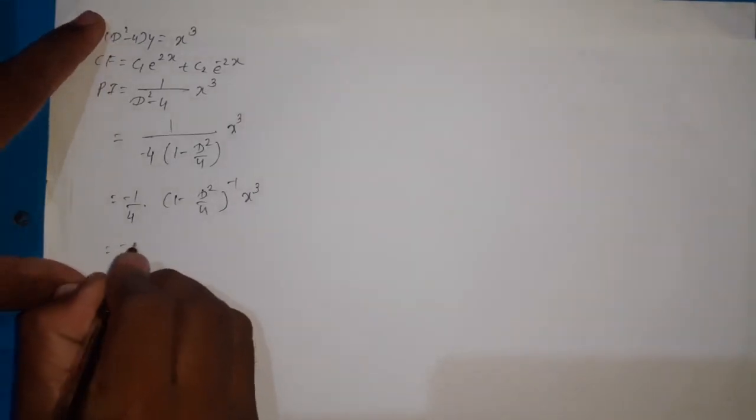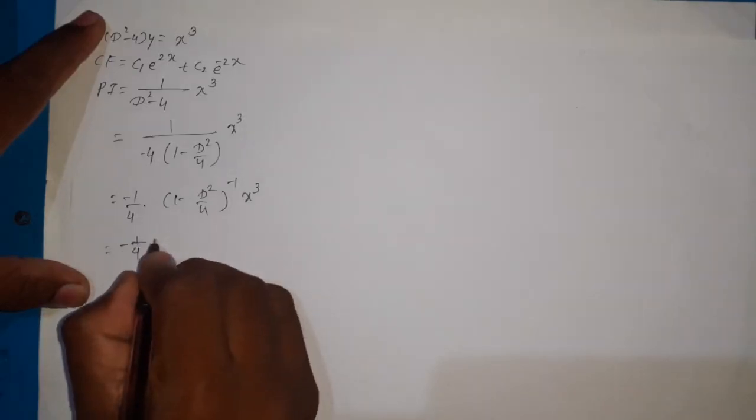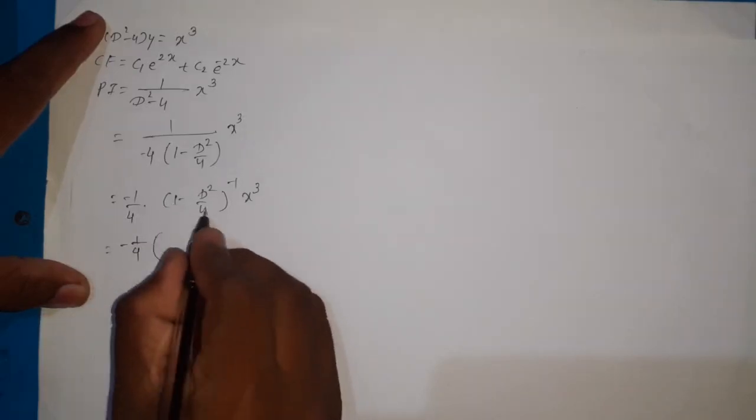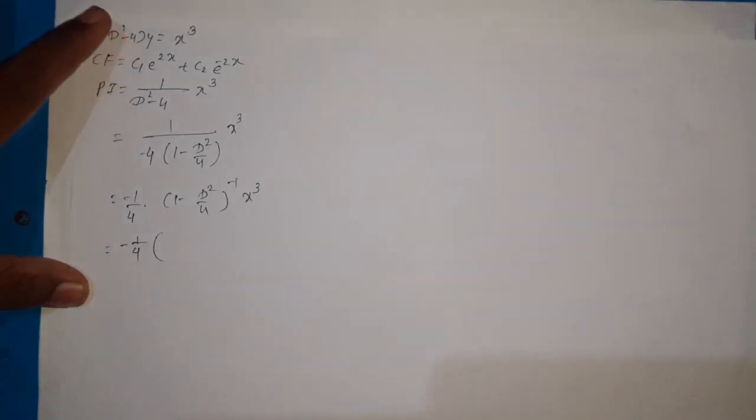And next minus 1 divided by 4, so here it is of the form (1 minus x) whole power minus 1, then the expansion of this one is 1 plus x plus x square plus x cube and so on.